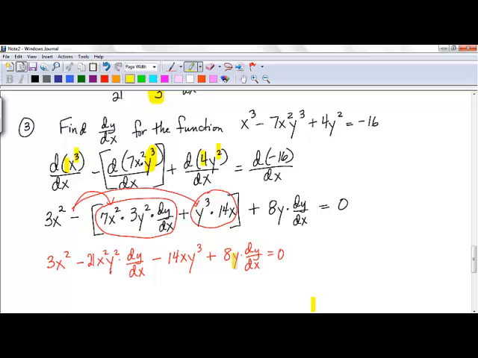Every term that has a dy over dx in it has to be on one side. I don't care if you take them both to the right or leave them both on the left. But here's one and here's another one.